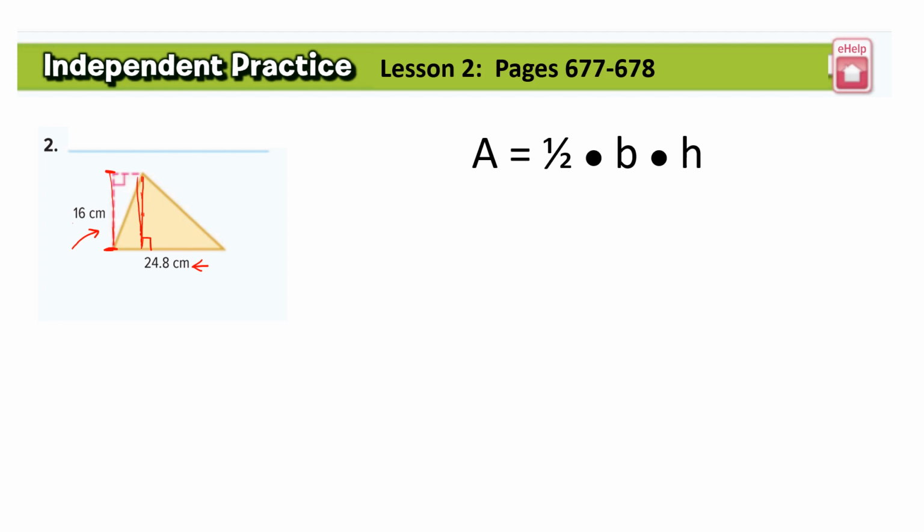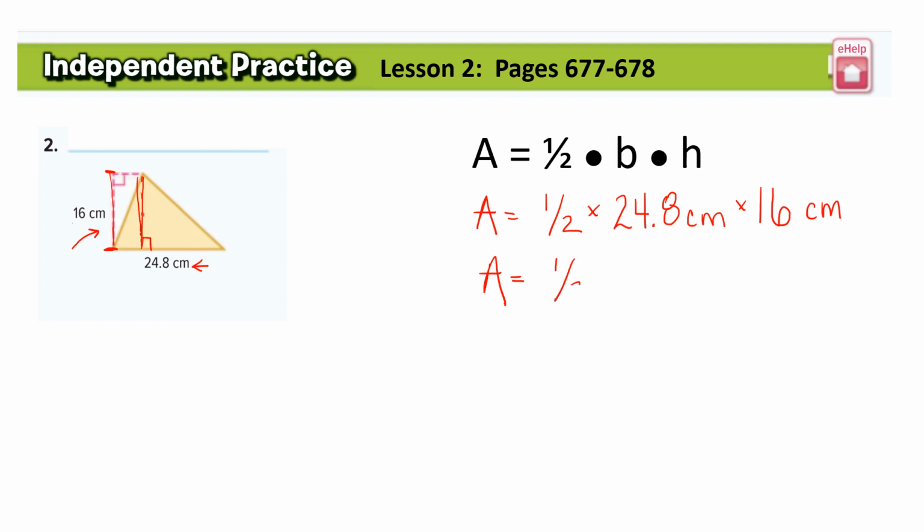So now we can write the numbers into our formula. Now we know because of the commutative property that we can switch numbers around in a multiplication sentence.